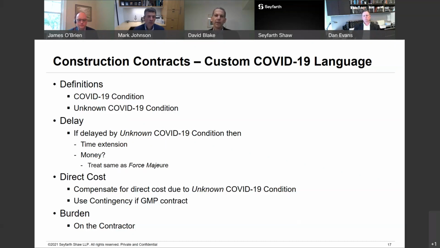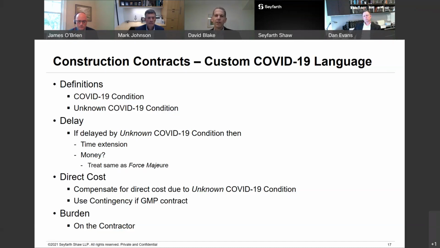The next issue is going to be addressing direct costs due to COVID-19. So this is going to be an increase in the cost of materials or perhaps shipping premiums. We're not talking about delay, we're talking about direct costs of materials and things of that nature. And if the contractor can demonstrate that there has been an increase in this direct cost by an unknown COVID-19 condition, again, we have that timing mechanism in place, then it will be entitled to additional money for that additional cost.